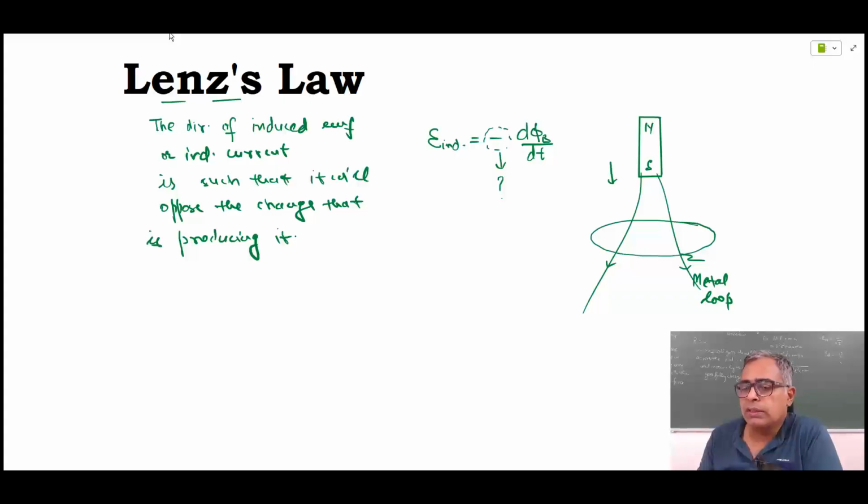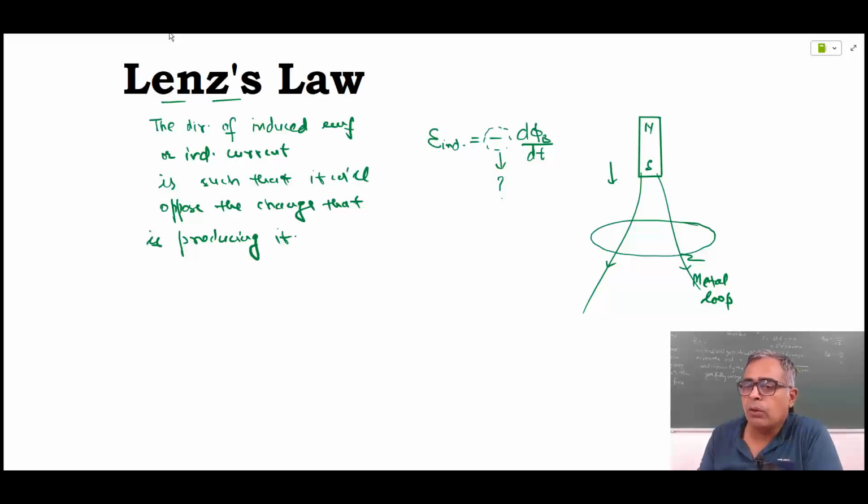Now the question is what will be the sense of that induced current, whether it is clockwise or anti-clockwise. Look at the Lenz law. Lenz law says that the direction of induced current will be such that it will oppose the change that is producing it. It means the current will be induced in such a direction that it will not let the magnet come closer. How will it stop the magnet?